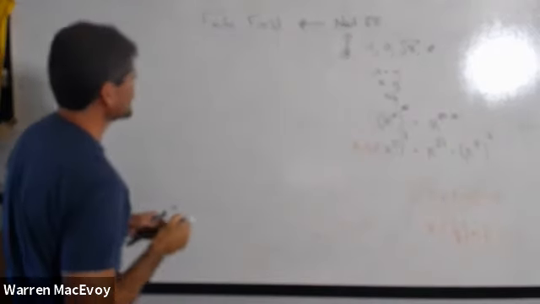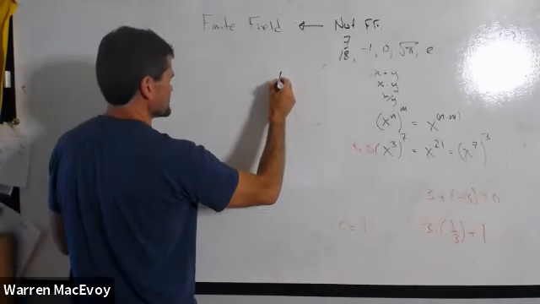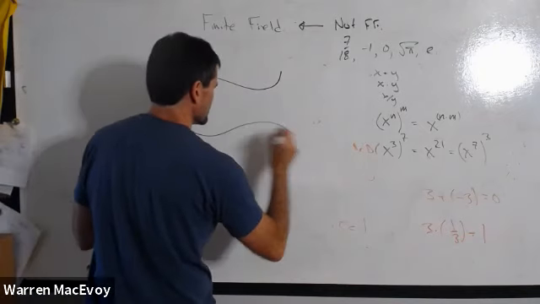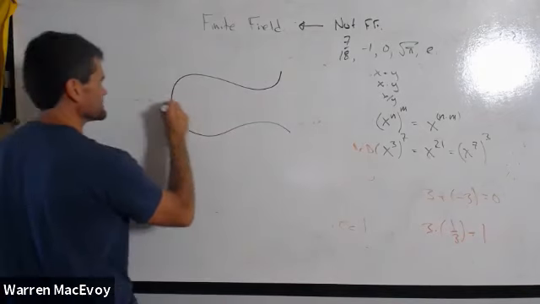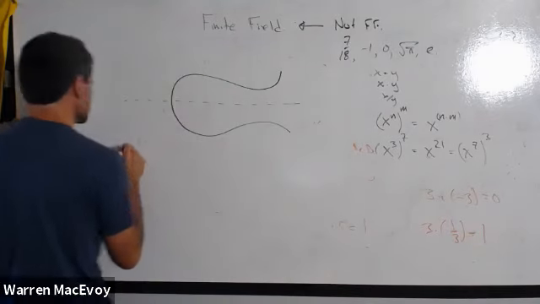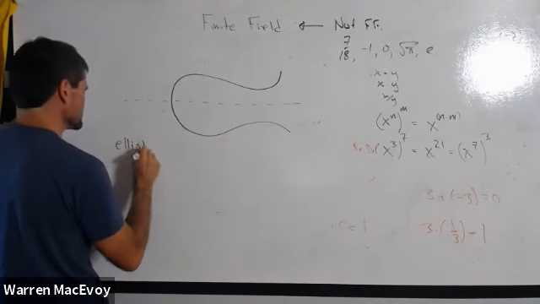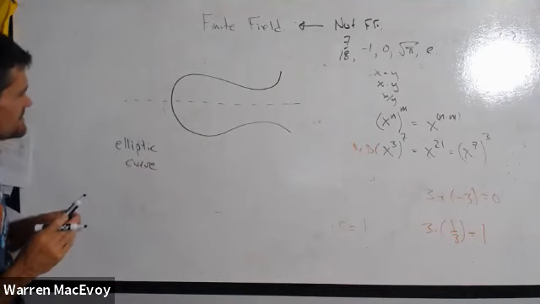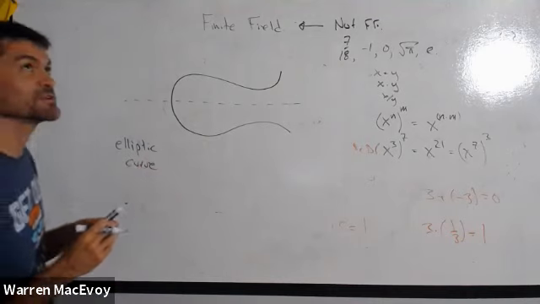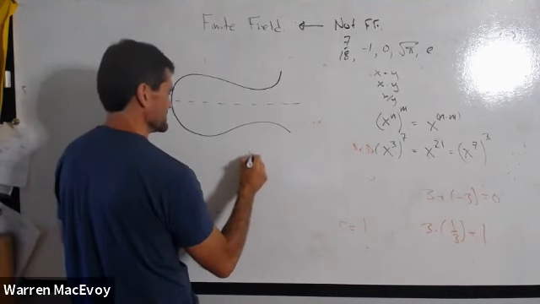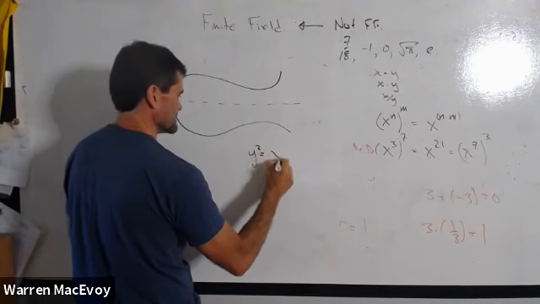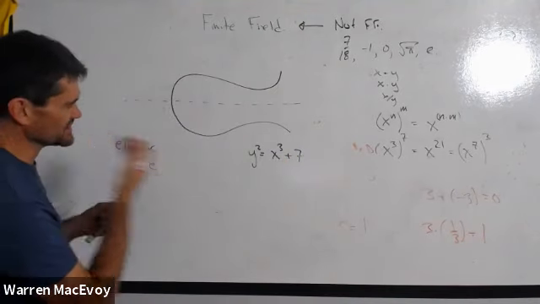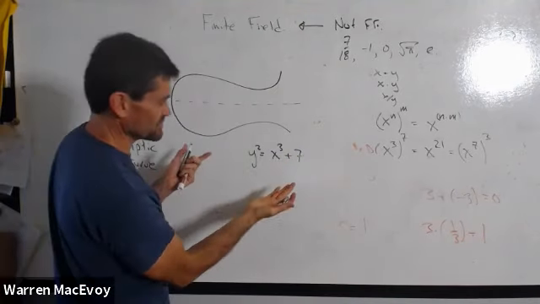So the next step is this thing called an elliptic curve. And I believe the formula used for Bitcoin is this particularly simple looking formula.